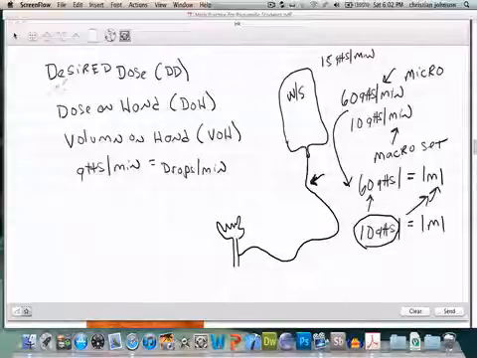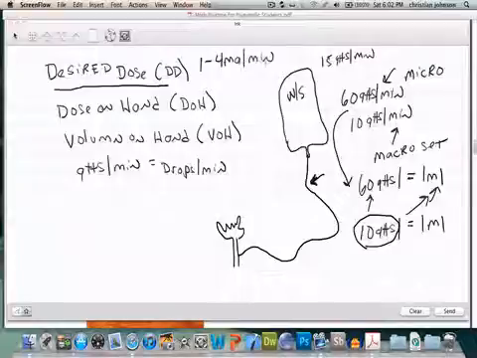So we're going to start with our desired dose. The desired dose would be how much medication, or volume for that matter, that you want to give your patient. So if the dose of lidocaine, we'll say for a drip, is 1 to 4 milligrams a minute, and the equation says that you want to hang a lidocaine drip at 2 milligrams a minute, well, that would be your desired dose.